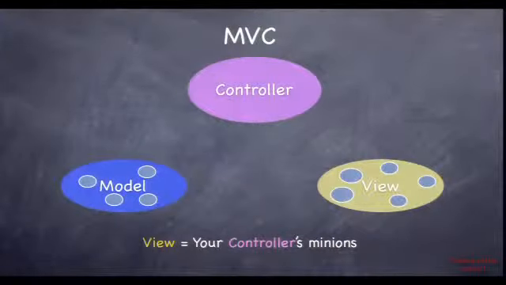And then the view is your controller's minions. The view is just objects that your controller uses to do what it does, to get this thing on screen. Now, we try to make objects in the view camp as generic as possible. Generic is like buttons and sliders that come from Apple, for example. They know absolutely nothing about what kind of application they're going to appear in.